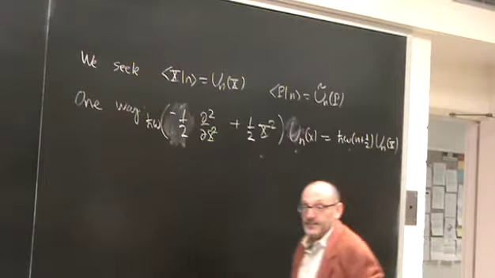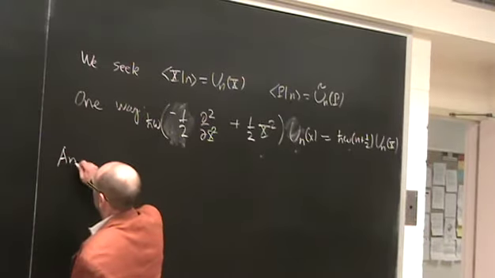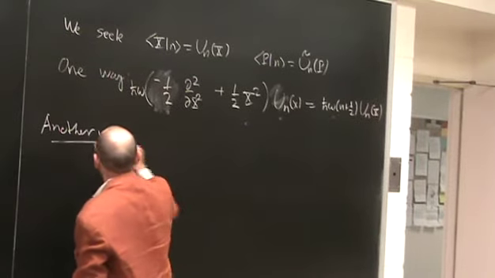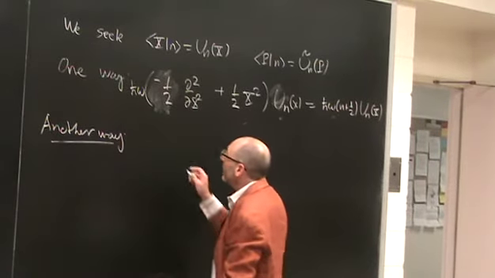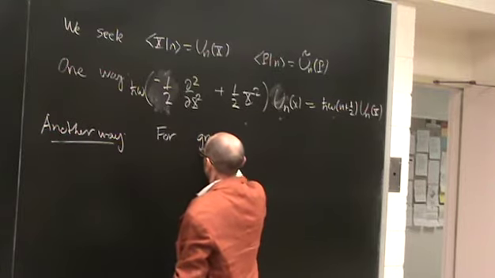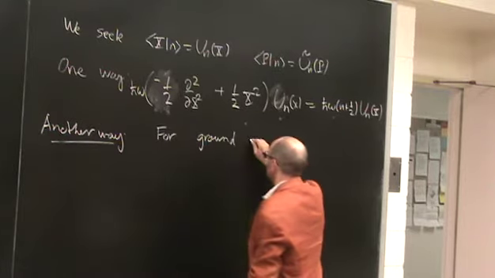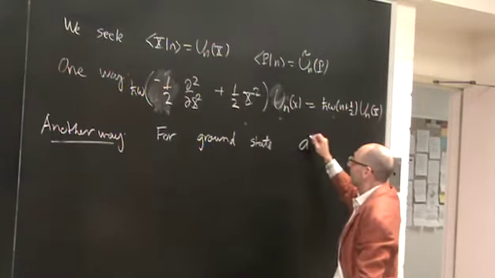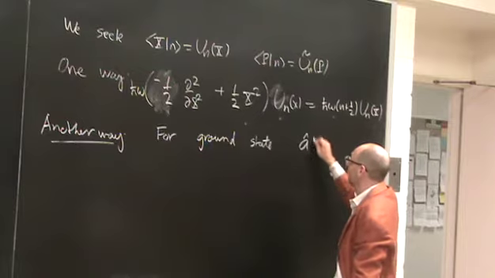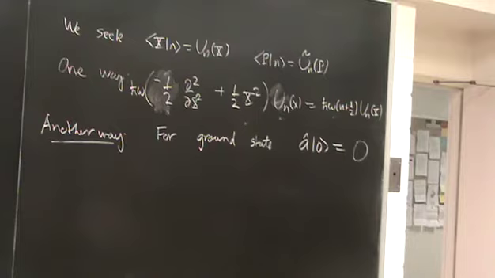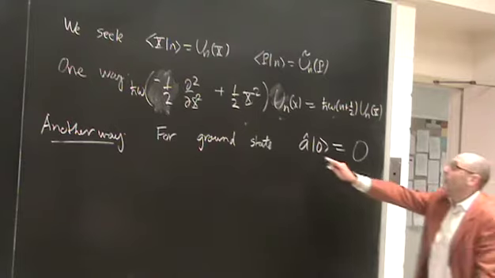But another way is to use the one thing we know: for the ground state, we have a very simple equation. It says the ground state is annihilated by the lowering operator.